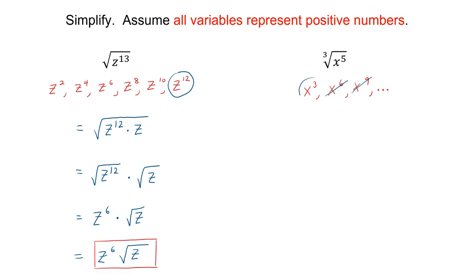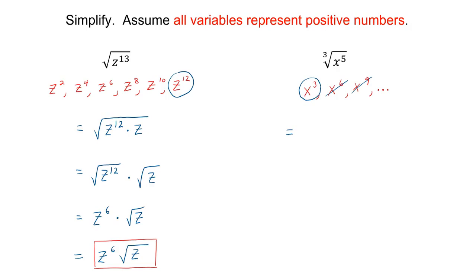However, x to the 3rd will evenly divide x to the 5th. So when we're choosing which variable expression will evenly divide our radicand, we're always going to choose the one with the exponent that is the closest to our exponent in the radicand without going over. So x to the 3rd is the biggest perfect cube that will evenly divide x to the 5th.